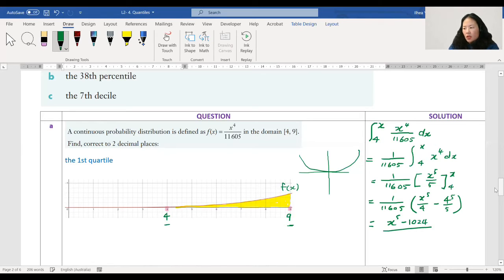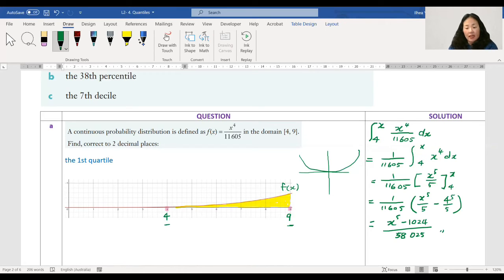And then we times it by 5, and then 5 times 11,605 you will get 58025. Okay, so that's our general formula.